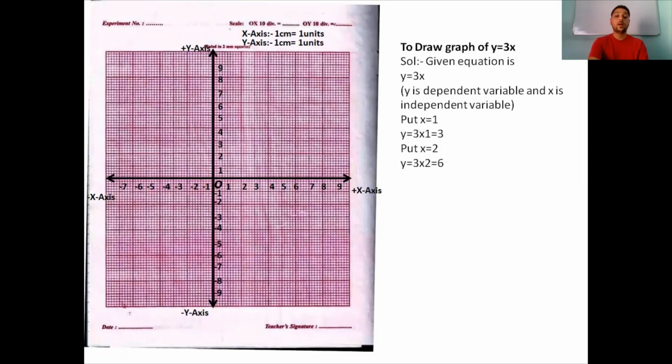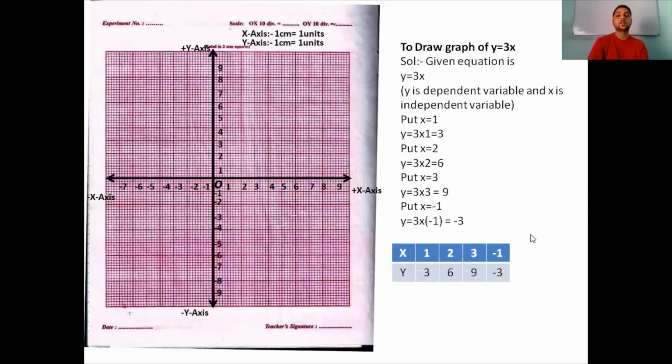So we have values here. X is equal to 3, then y is equal to 9 here. When x is equal to minus 1, we can take any integer value here. So y is equal to 3 multiplied by minus 1, that is equal to minus 3 here.